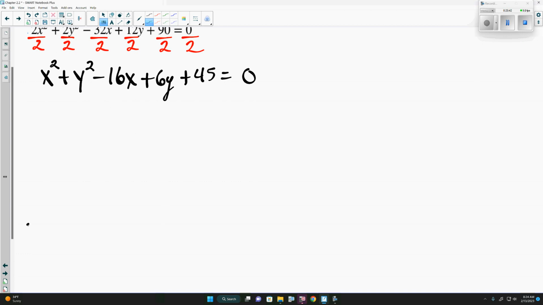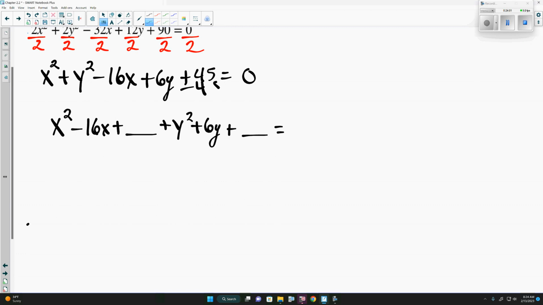Now we're going to do 2 things in the next step. I really should have done this on the last one, but one of them is going to get our x's together and y's together, and move the constant term to the other side.